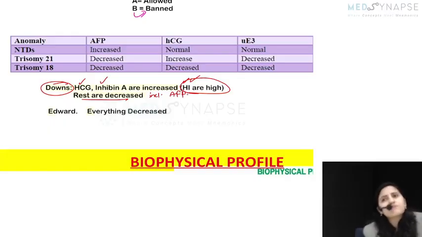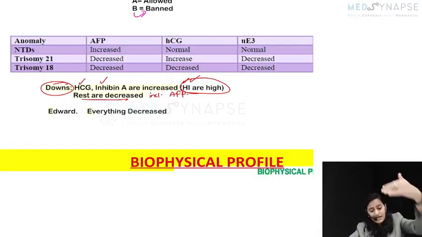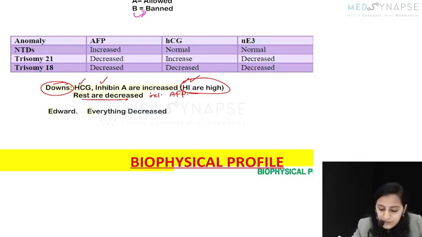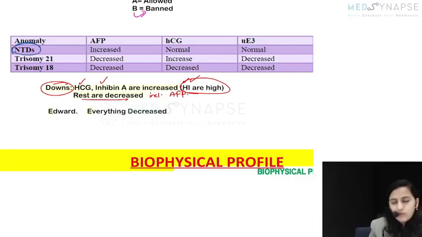Did we see AFP levels? Where do they increase? Neural tube defect. Where else? Abdominal wall defect. Any body wall defect. Where did we see that? When we were seeing alpha fetoprotein as tumor marker. Tumor marker for HCC. Right? The yolk sac tumor. So in neural tube defects, what is increasing?